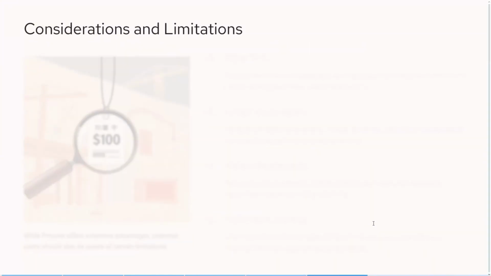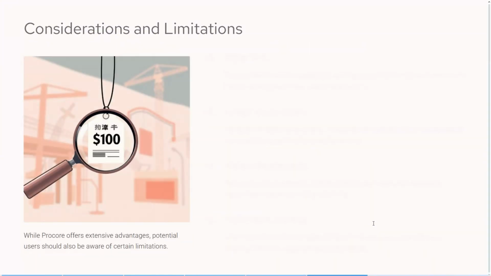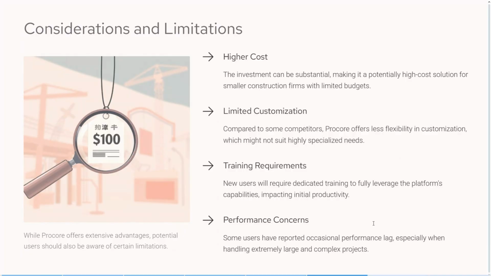For the considerations and limitations, while Procore offers extensive advantages, potential users should be aware of certain limitations, like the higher cost. The investment can be substantial, making it a potentially high cost solution for smaller construction firms with limited budgets. It has limited customization.